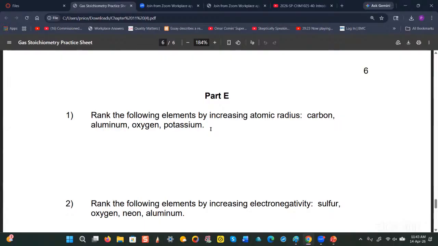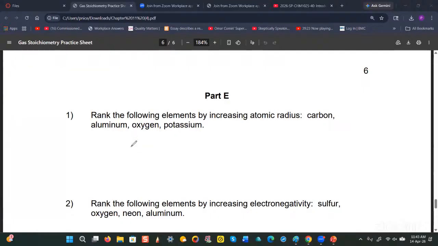So, of these four, which one would you expect to be the smallest in size? Between carbon, oxygen, aluminum, and potassium.